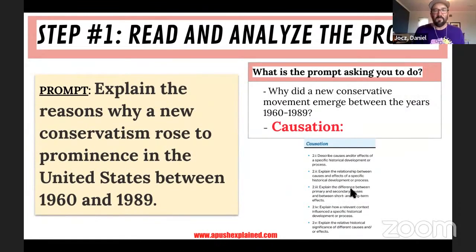When we're dealing with something, there are usually multiple causes for why things happen. Even if you're in a relationship and you get dumped or you do the dumping, there's probably more than one reason why your love that was going to last forever falls apart. It's rarely one thing. And so there's not going to be just one reason why the conservative movement rose up.